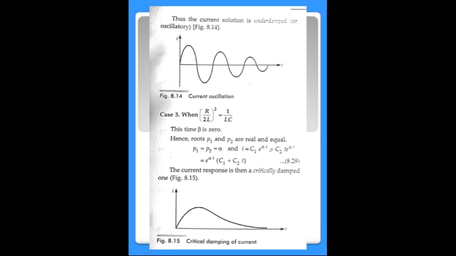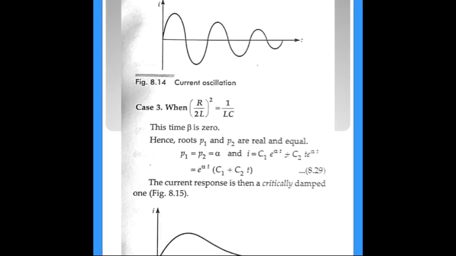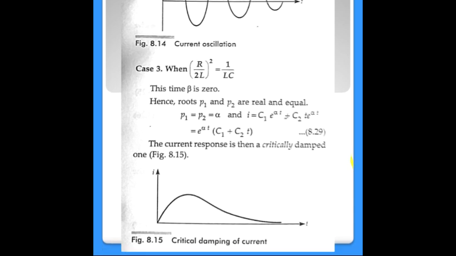And the second case, when (R/2L)² is equal to 1/LC. This time beta is equal to 0. So the roots P1 and P2 are real and equal.